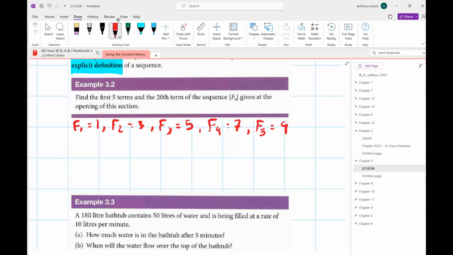Going up by 2. So the change between terms is constant, right? That's the observation that I want to make. Everything is plus 2. What does that remind you of?